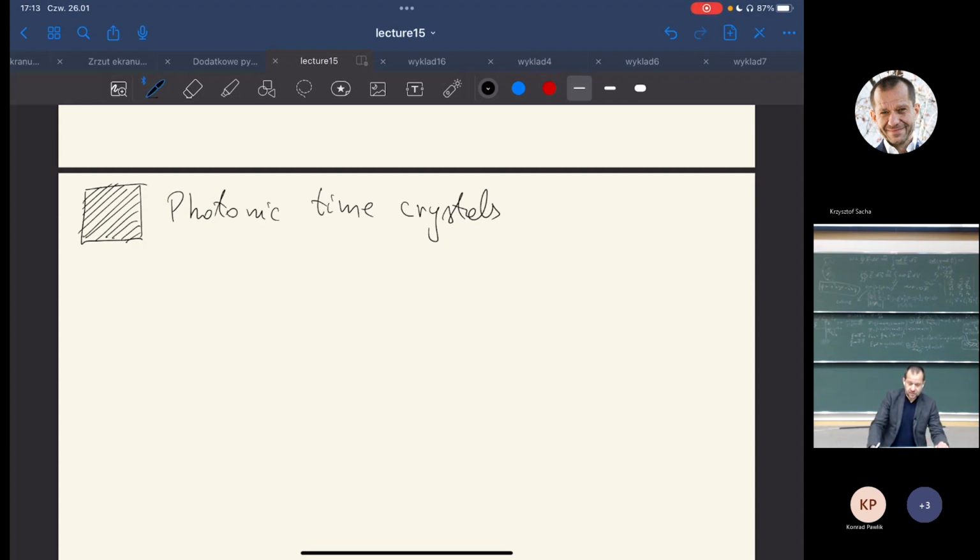Photonic time crystals correspond to a dielectric medium where the dielectric constant is periodically changing in time.